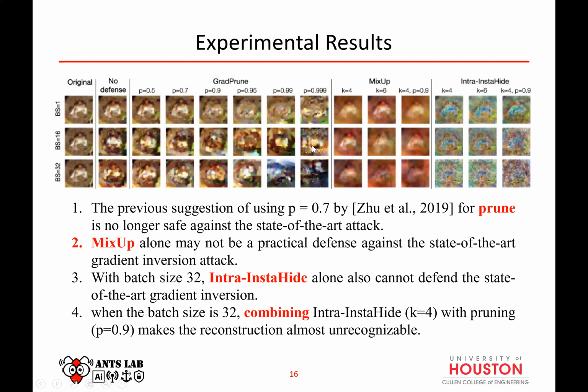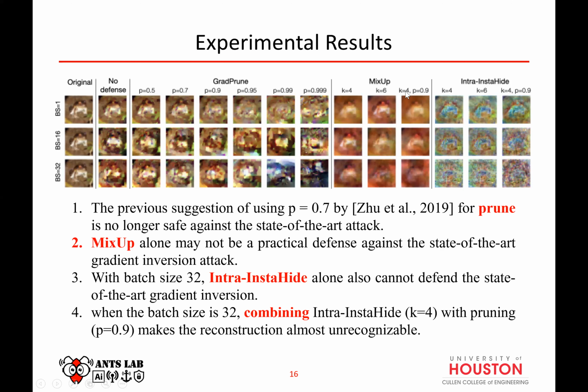But in the following attack methods, a pruning percentage of 70% is no longer safe against these attacks, and they need to prune higher than 90% to have a viable defense performance.